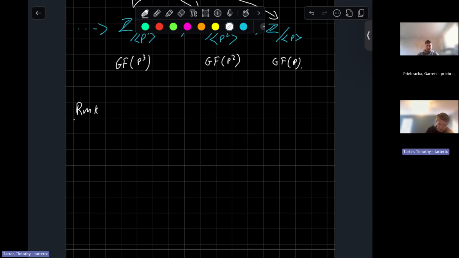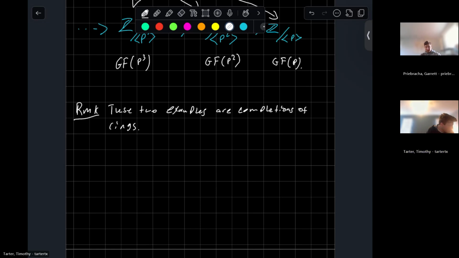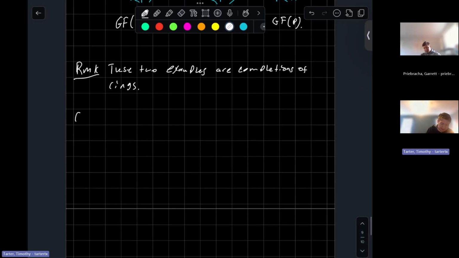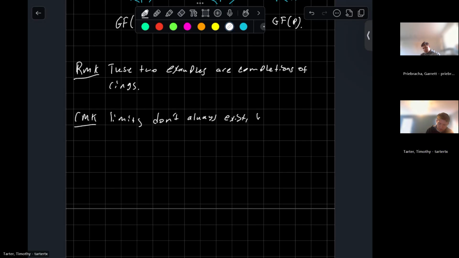Remark: these two examples are completions of rings. And as a second remark, limits don't always exist, but it's easy to check if they do.